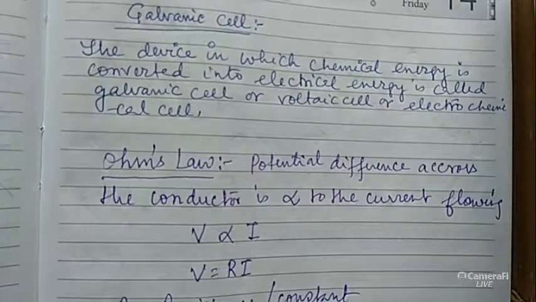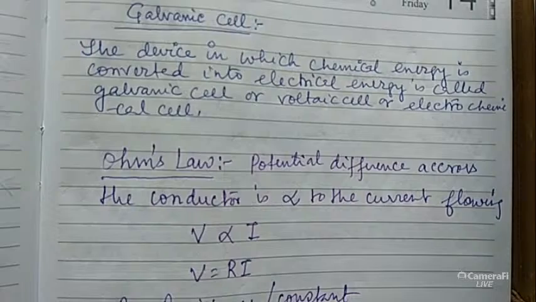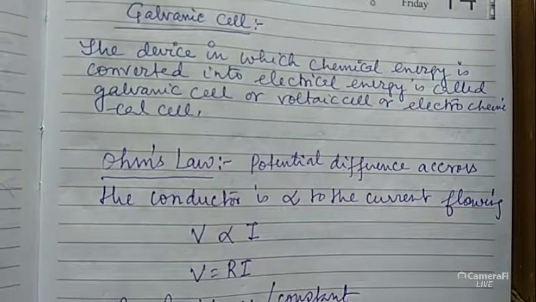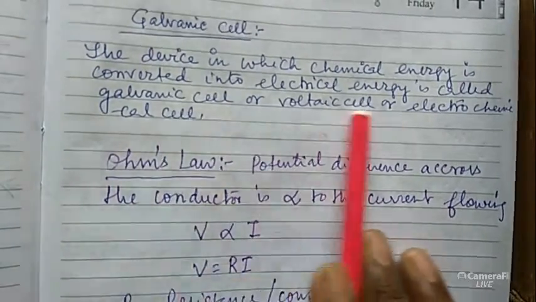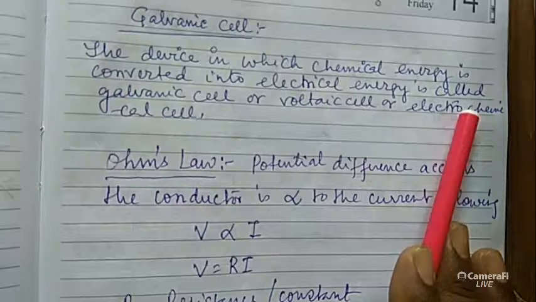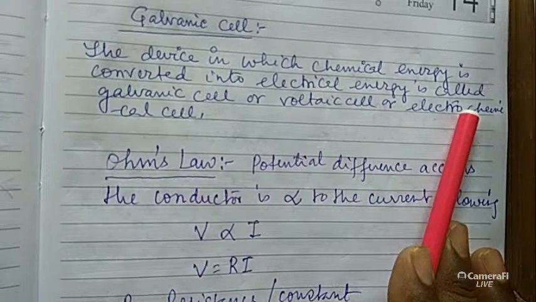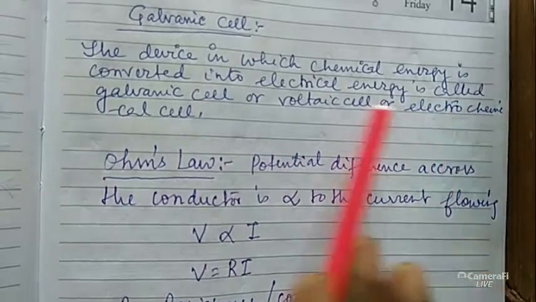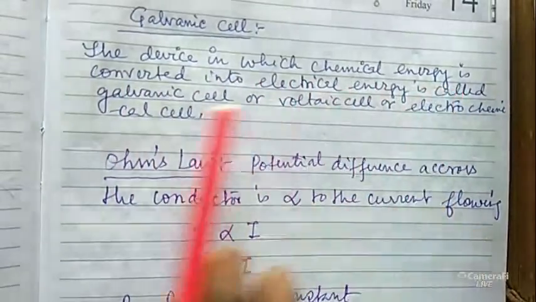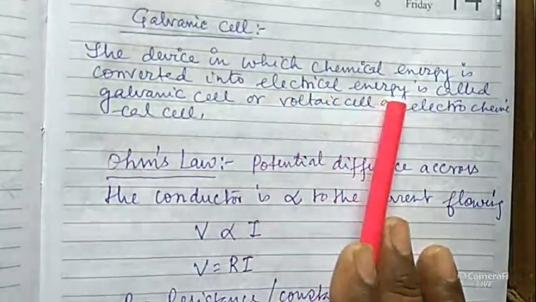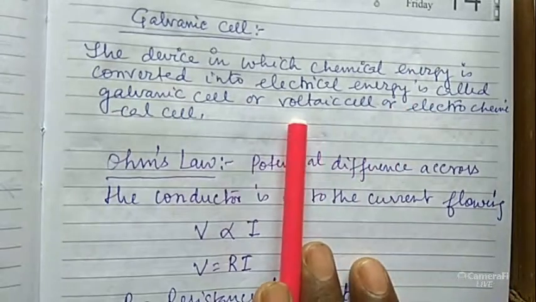It is the device in which chemical energy gets converted into electrical energy, and it is also called a voltaic cell.